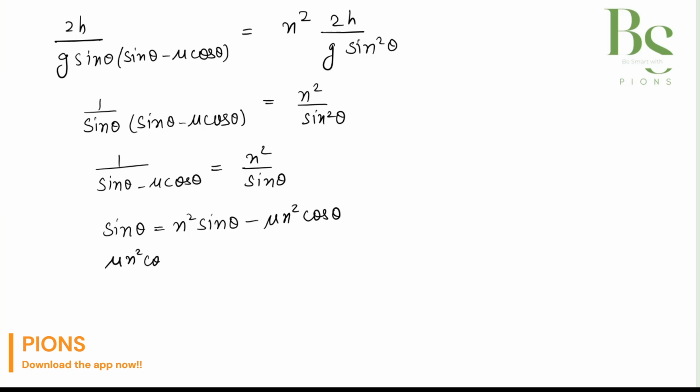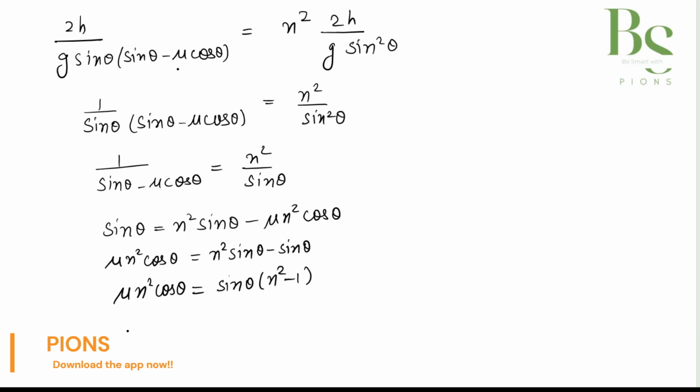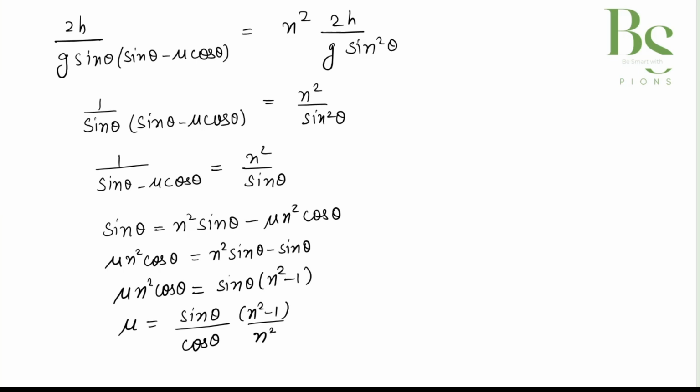Mu n square cos theta, and that will become n square sin theta minus sin theta. Let's take sin theta common out. This will become n square minus 1 and mu n square cos theta, correct? Let's take it inside. So mu will be equals to sin theta divided by cos theta into n square minus 1 upon n square, correct?